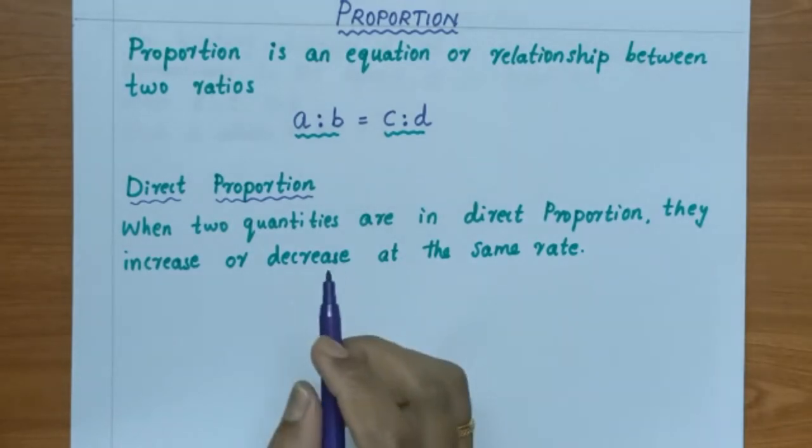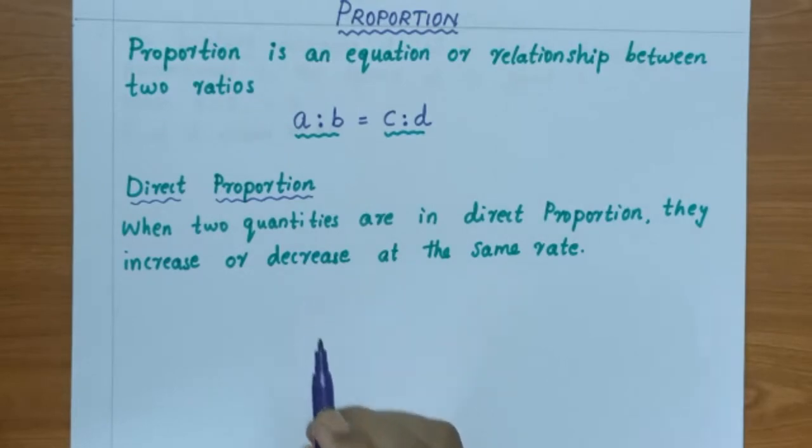When two quantities are in direct proportion, they increase or decrease at the same rate. For example, from our daily life, the number of people visiting a restaurant increases, earning of the restaurant also increases.